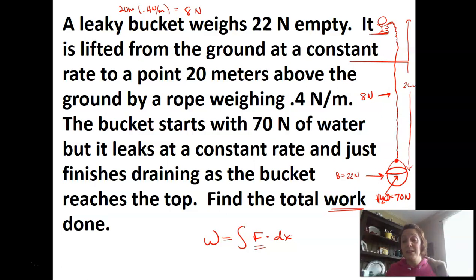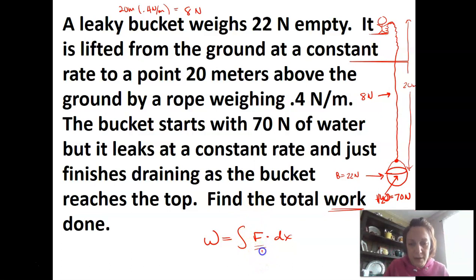That weight is a constant change on the way up. So it's going to go from 100 to 22, a slow change on the way up. If I can write an equation for how much my bucket weighs, that will be the variable force we need. It's 100 in the beginning, and it slowly goes down to 22.